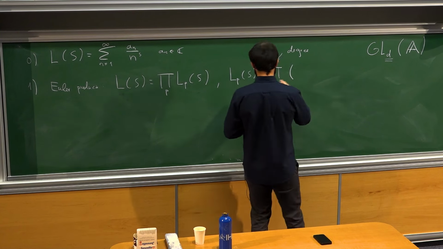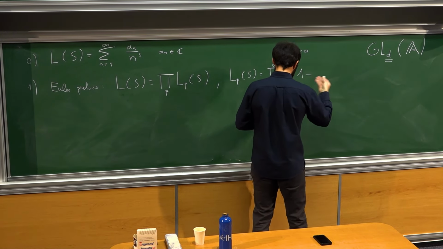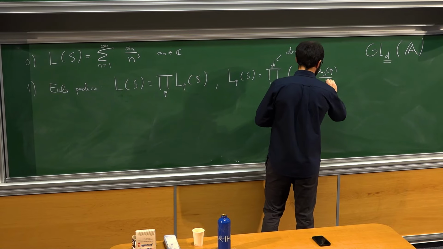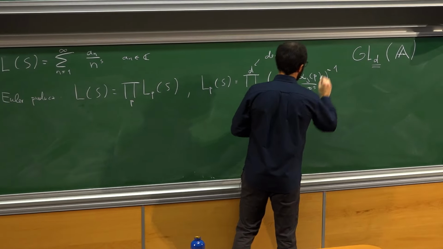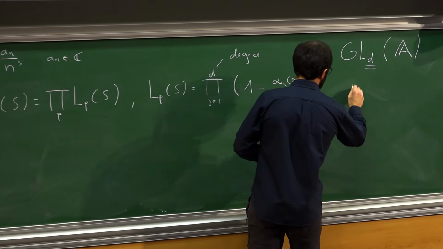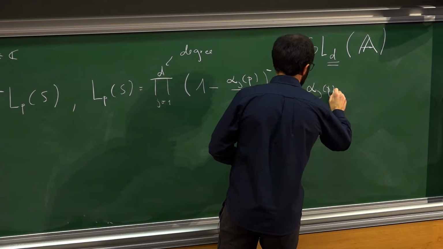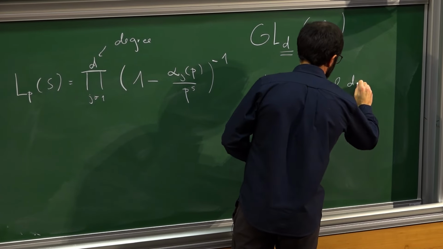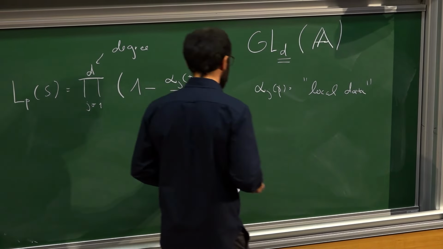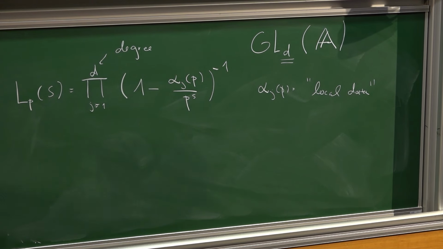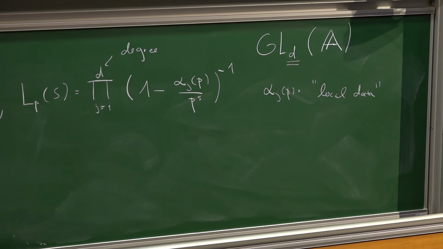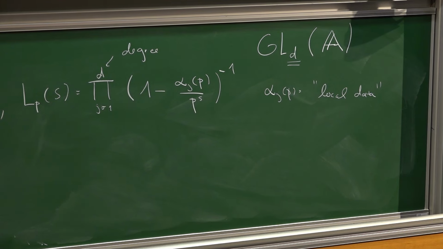And this factor then at prime p factors into d terms. And this alpha is some kind of local data, local because it sits at this prime p. In the representation theoretic view, these alphas are labels of infinite dimensional representations of GL_d over the p-adic completion of Q. And so that's the Euler product.